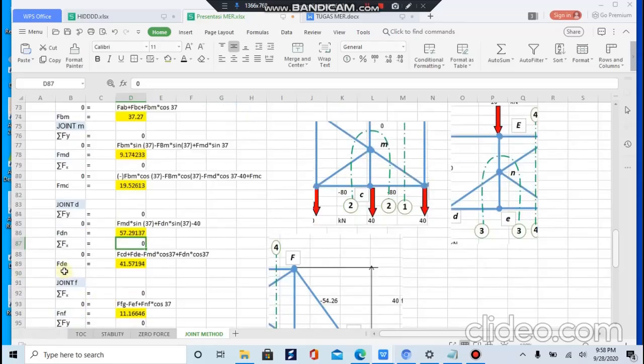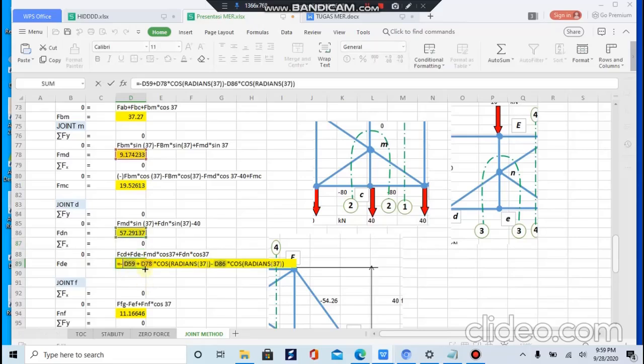And for sigma Fx, 0 will be FCD plus FDE minus FMD times cos 37 plus FDN times cos 37. So FDE will be 41.57.